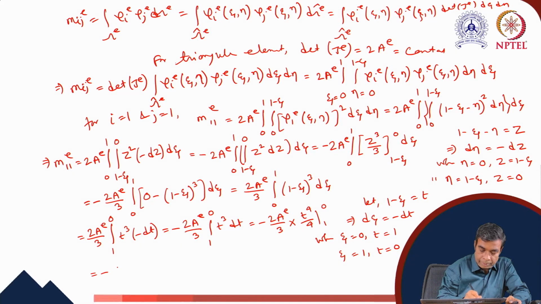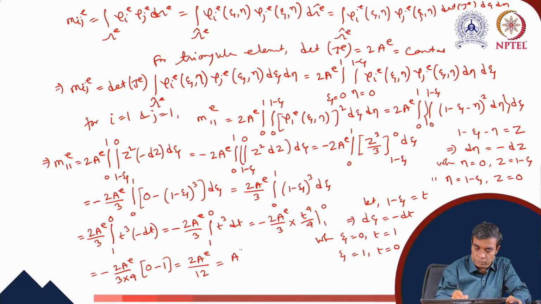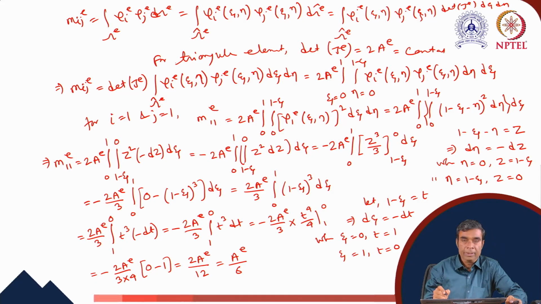This is minus 2Ae by 3 into 4, here we have 0 minus 1. So this is 2Ae divided by 12, or this is equals to Ae divided by 6.